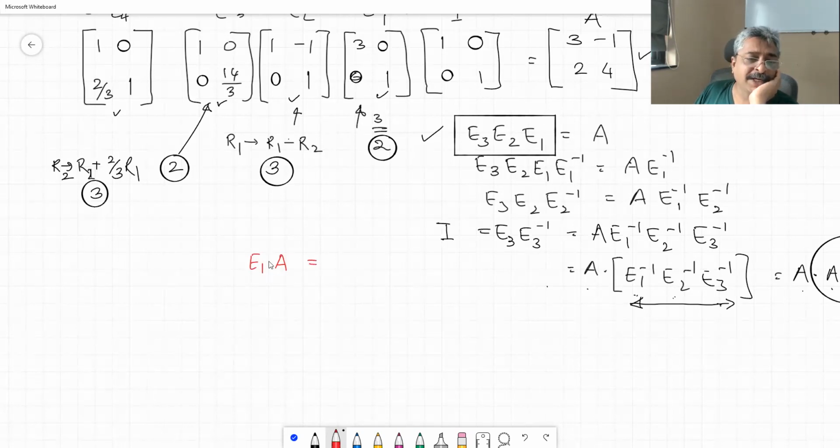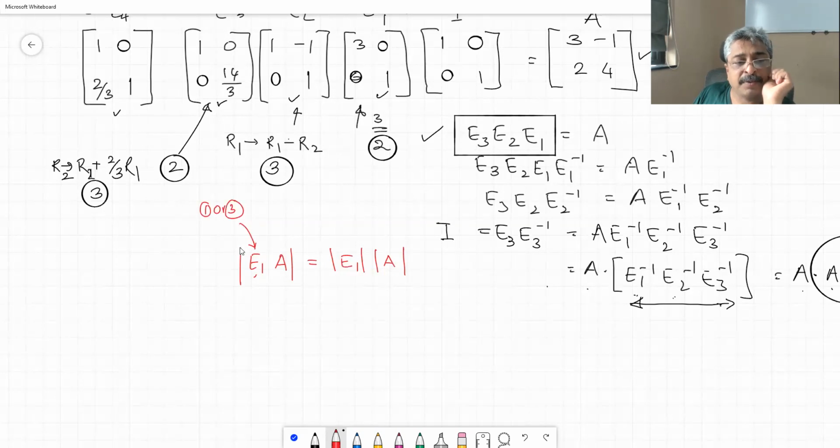If you take the determinant of E1 into A, it is going to be determinant of E1 times determinant of A. Now, this is going to be true because if E1 is of type 1 or 3 transformation, then the determinant does not change. So the determinant of E1 is 1, and 1 times determinant of A is going to be the determinant of the LHS.